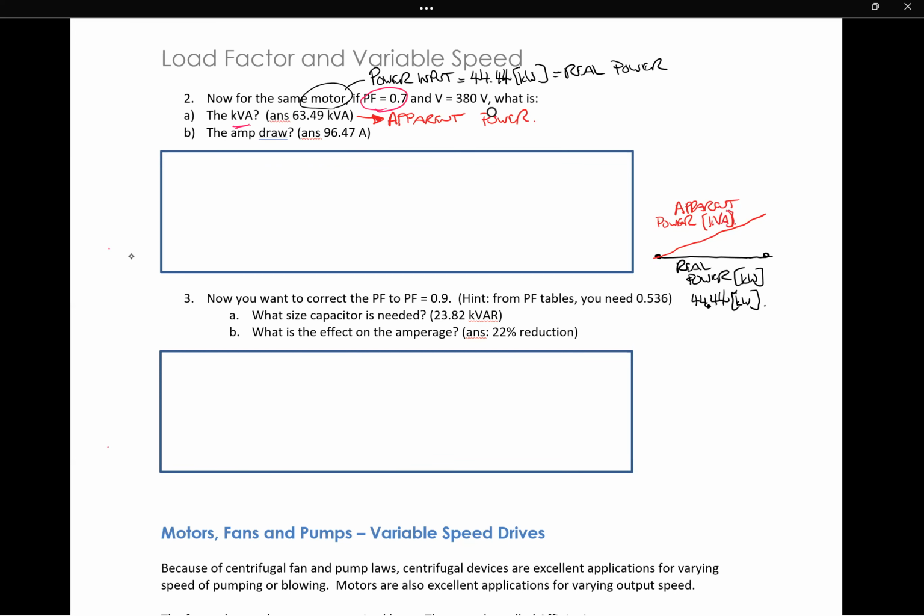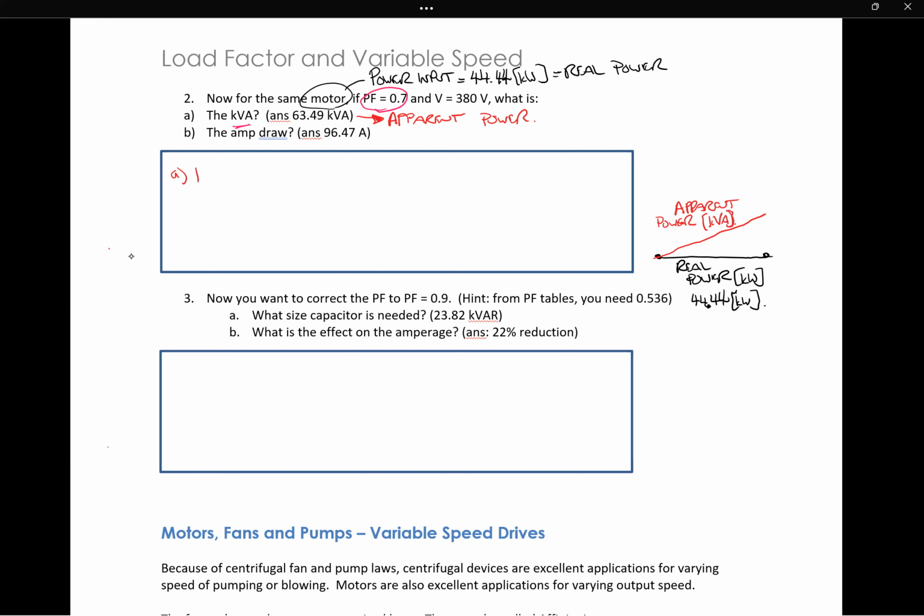Now we would expect this to be a bigger number, because we understand the relationship between apparent power, reactive power, and real power. So we expect an answer larger than the 44.4.